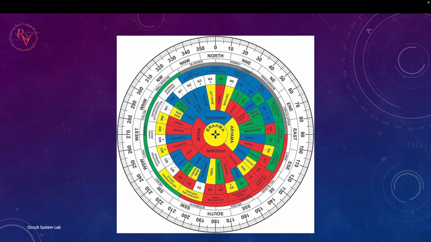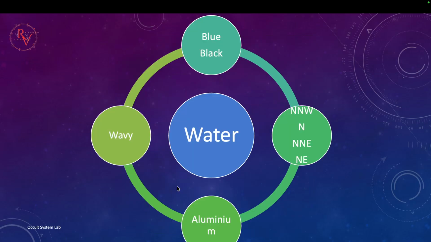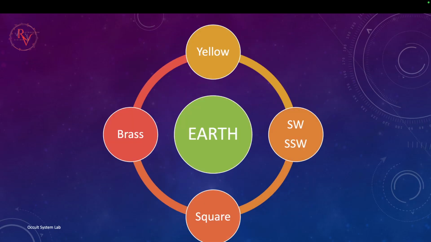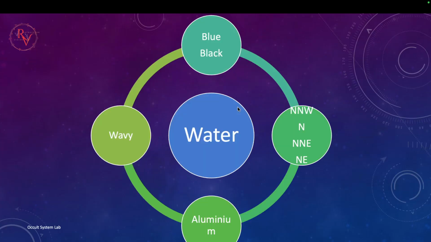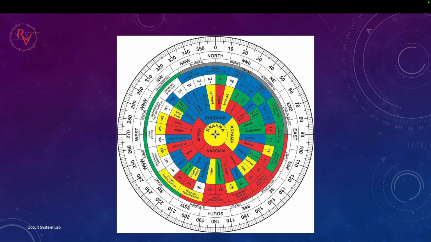Because square is the structure, the shape, for the earth element, isn't it? Now if you have placed an earth element in the north direction, which direction is affected?